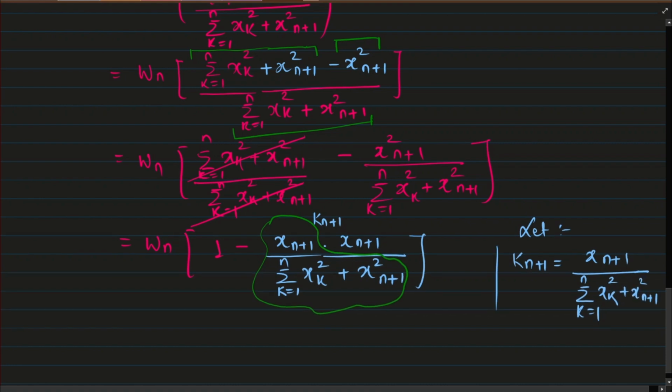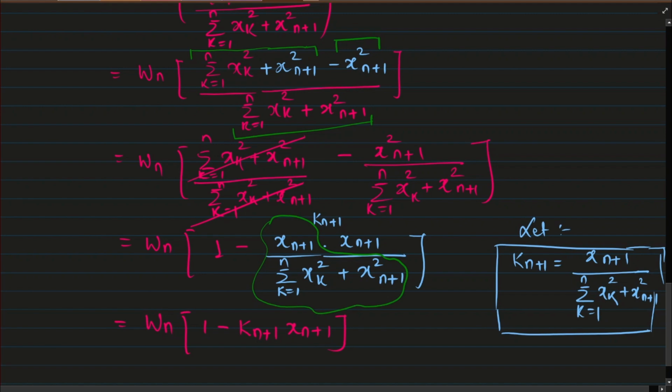So this is an important expression, and later on you'll see that this actually becomes the gain term. So the whole expression then reduces to 1 minus k n plus 1 x n plus 1. So for the time being, this is a very good result. We will stop here. We will not do any further simplification.